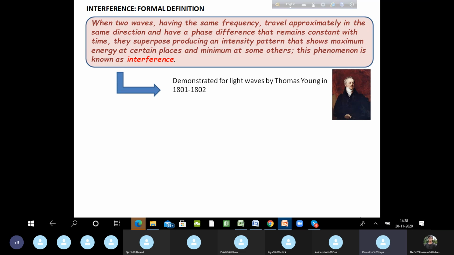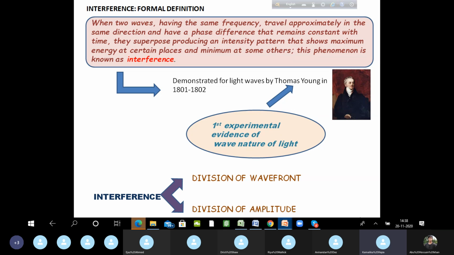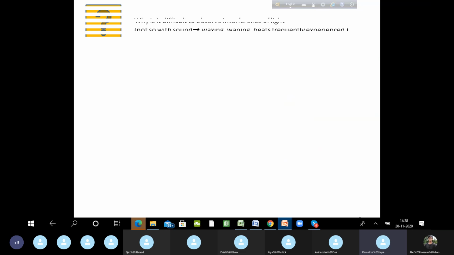But it was demonstrated for light waves by Thomas Young. First experimental evidence of wave nature of light. And interference can be of two kinds: division of wavefront and division of amplitude. So first we go through division of wavefront. Before that, we have to understand why it is difficult to observe interference of light.